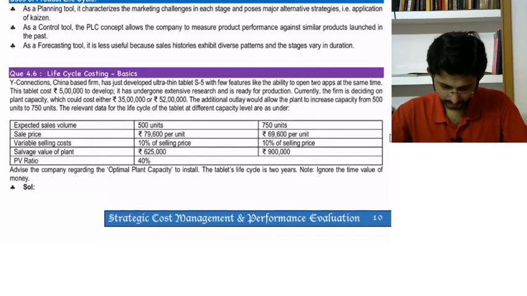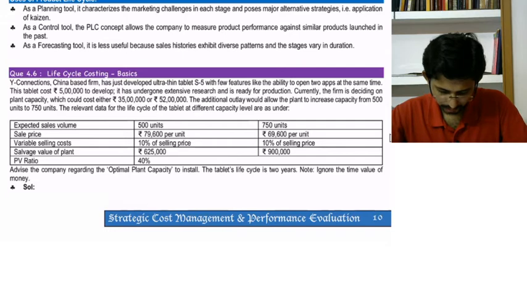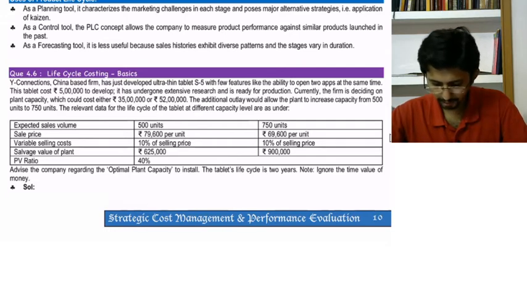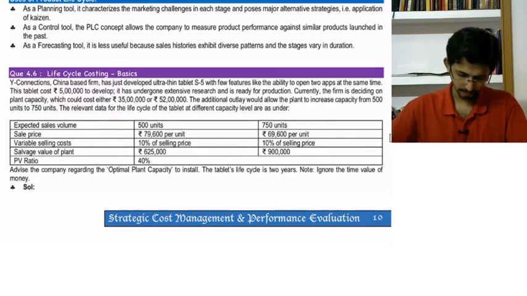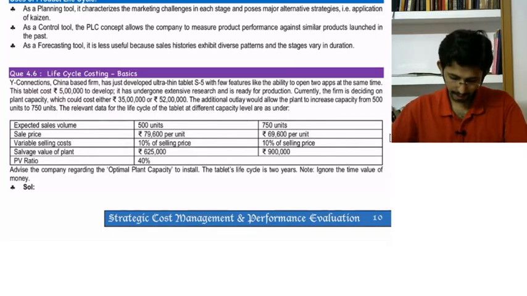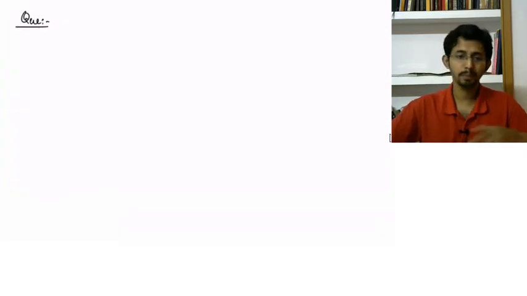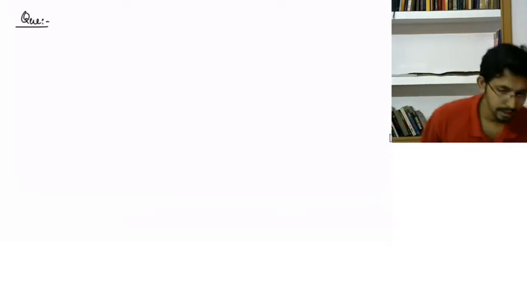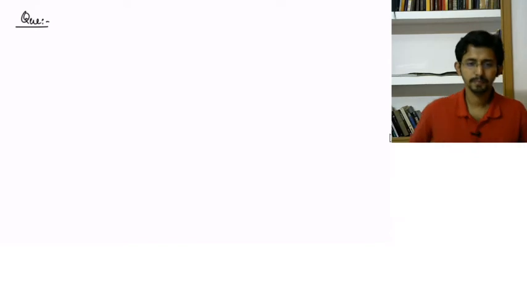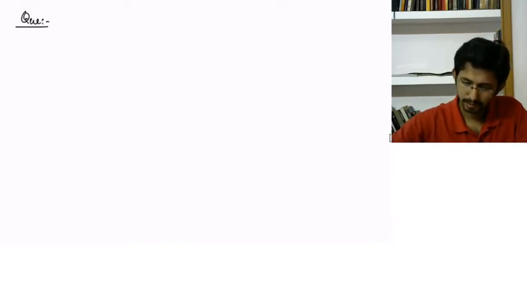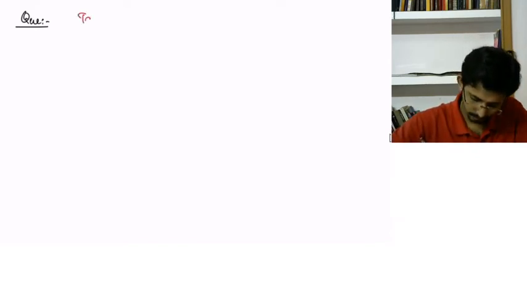Y Connections, China-based firm, has just developed ultra thin tablet S5 with features like ability to open two apps at the same time. So the company has developed a new product. What is that? It's a tablet.